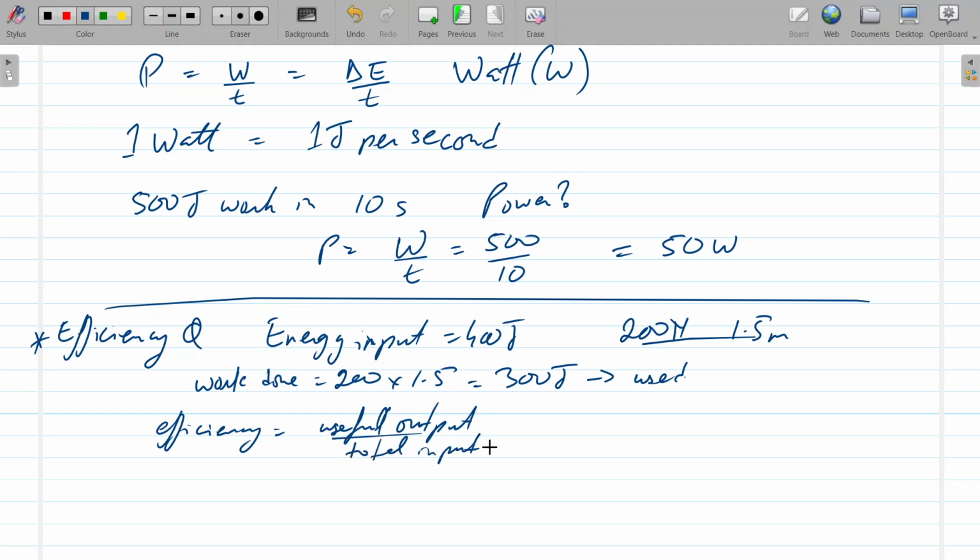I'm being casual about this: it's useful energy output over total energy input. So useful output is 300 joules, total input is 400 joules, multiplied by 100. It's a percentage, so you don't have an SI unit going in here, and that would give you 75% efficiency.